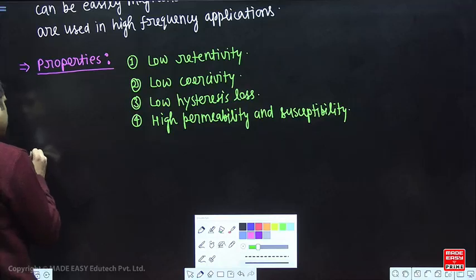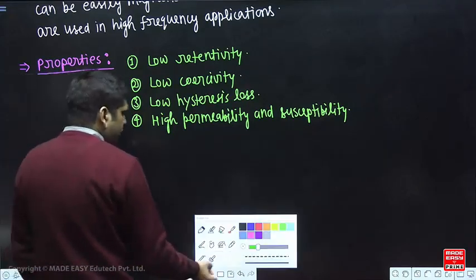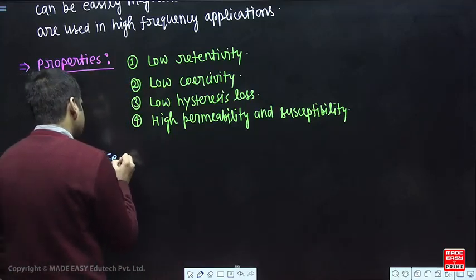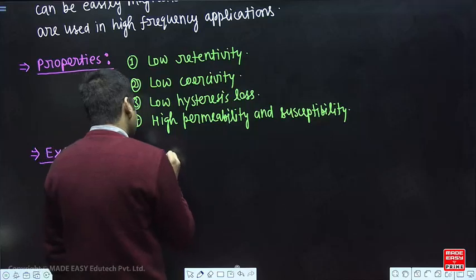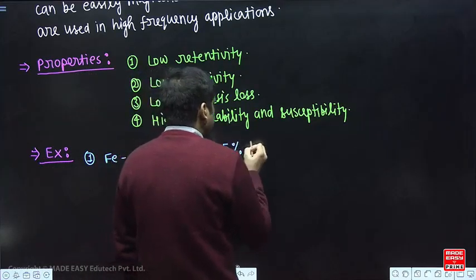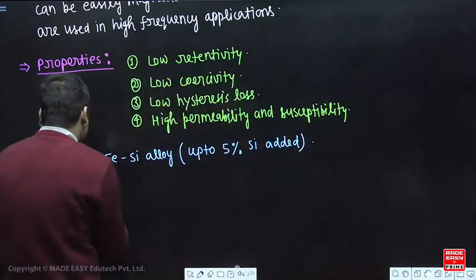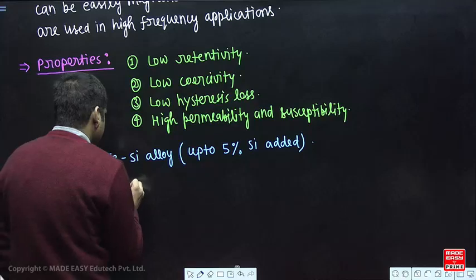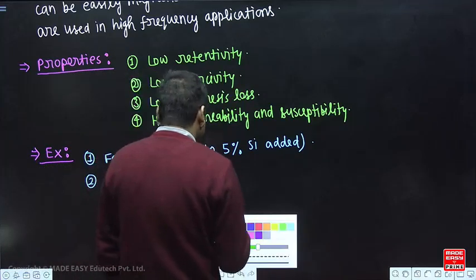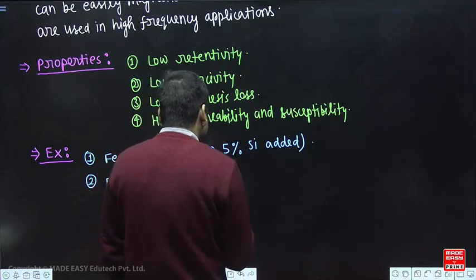Next is examples. इनमें ferrous silicon alloy, जो मैंने बताया था कि अप टू 5% तक सिलिकॉन ऐड करते हैं. देन फेरस nickel alloy. There are 3 alloys of iron and nickel, and all 3 are soft magnetic materials.